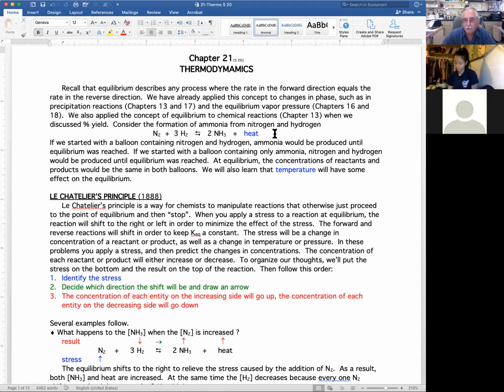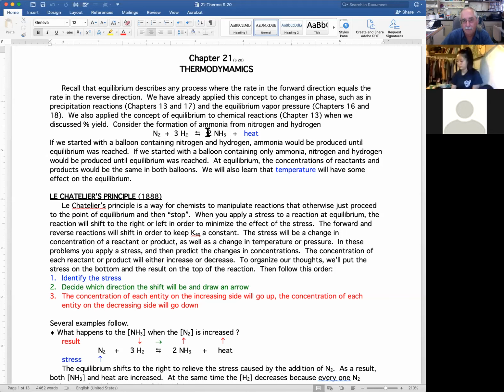Here's essentially how this works. If I take a container and I fill it with nitrogen and hydrogen, and then I let it go to the point of equilibrium, some of this gets converted into ammonia. So at some point in time, the concentrations don't change anymore. It's at equilibrium.